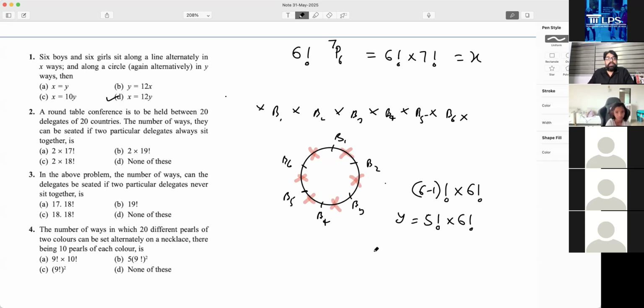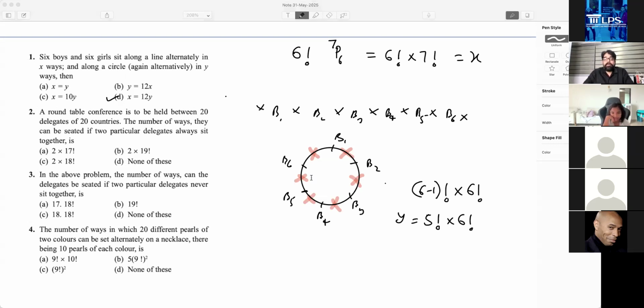I hope I did everything correct. I didn't understand the 6 minus 1 factorial. Oh. Because boys are going to be arranged on a circle. So in how many ways can you arrange on a circle? 6 boys are there. So 6 boys on a circle, how will you arrange?